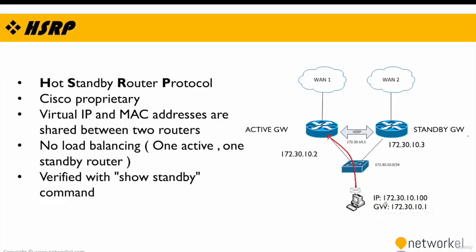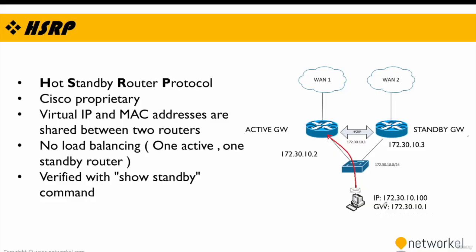Okay? And then one router is elected as the active router, which is forwarding the traffic, while the other routers remain in standby state and they are ready to take over if the active router fails.